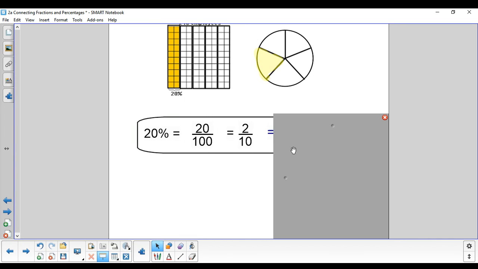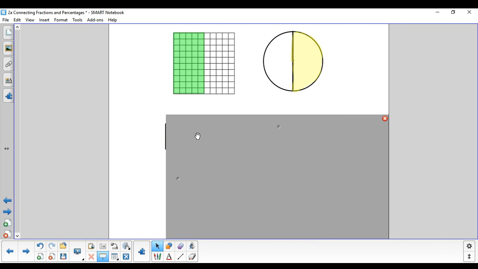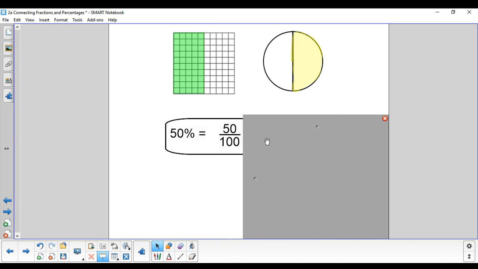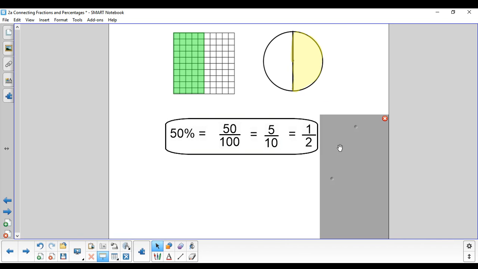Divide by 10, so you get 2 tenths, which is handy to know as well, and then reduces to a fifth. So now we're going to use the fact 20% is a fifth. You know that this is a half, but I'll just go through it. You could divide by 10, and then you could divide by 5, or you could go straight to a half.